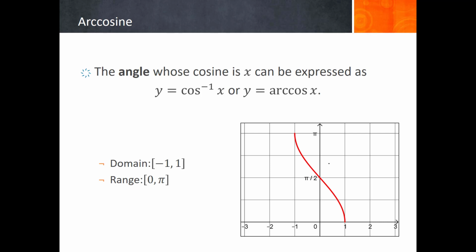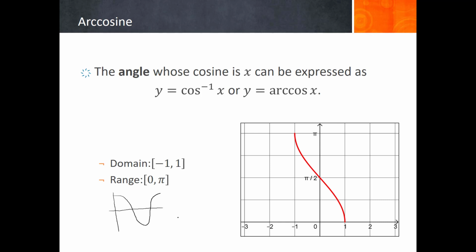So x is the input for inverse cosine, but it is the output for the original cosine. Okay. So we're trying to find the angle with inverse cosine. And again, our domain is -1 to 1, just like it was for inverse sine. A little difference though, our range for arc cosine is not negative pi over 2 to positive pi over 2, it is from 0 to pi. And again, just real quick, that comes from the way the original cosine graph works.